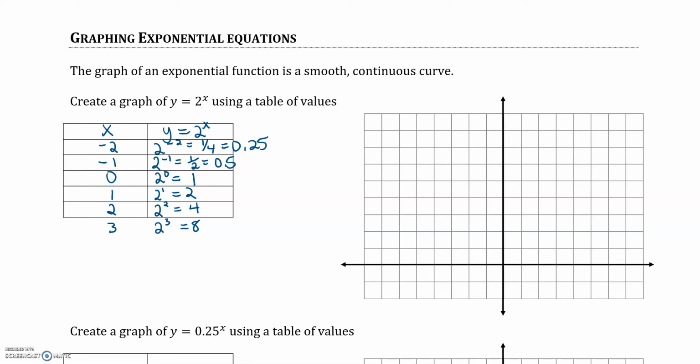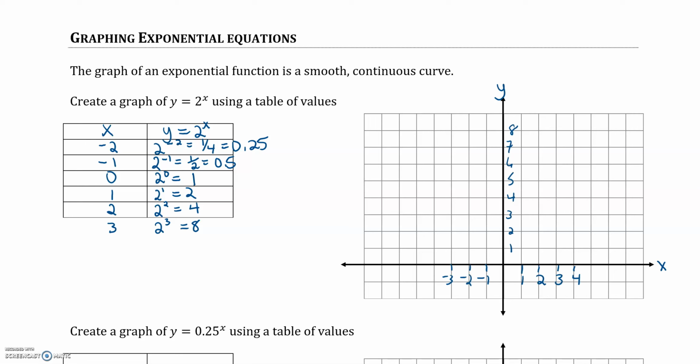So now we'll plot each of those points on our graph. We first label the x and y axis, and we know that we need to have y values ranging from 1/4 up to 8, and our x values will range from -2 to +3.